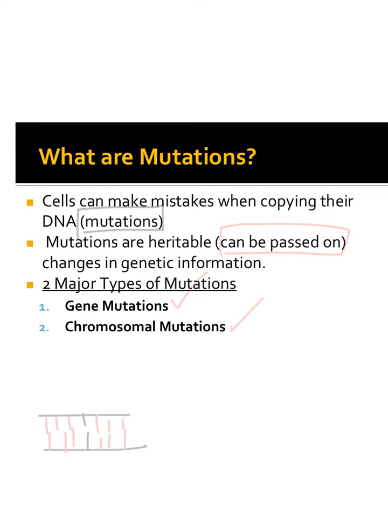It only affects the production of one protein, which coincides nicely with the definition we learned of a gene. However, when chromosomal mutations occur, they affect many more genes than just one. They occur at the chromosome level and affect multiple genes in different ways, and we will take a look at this as we move through today.